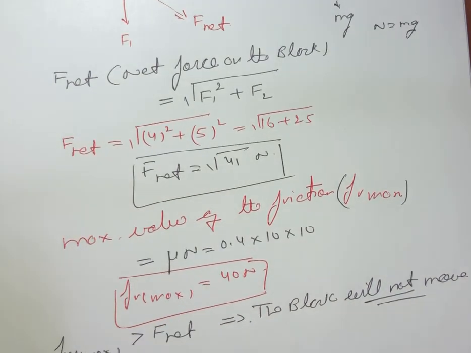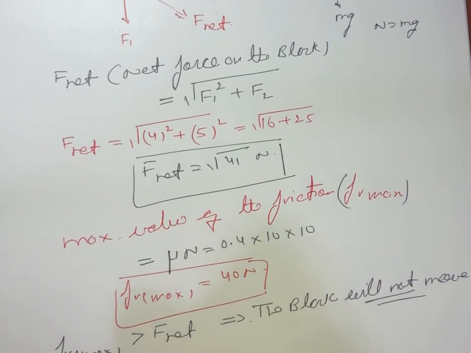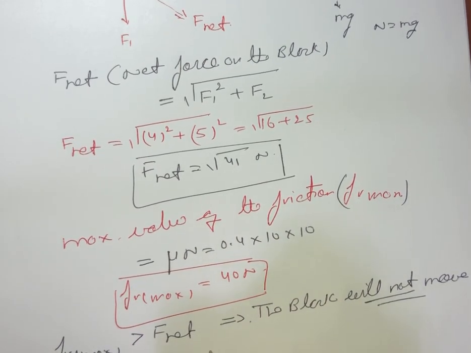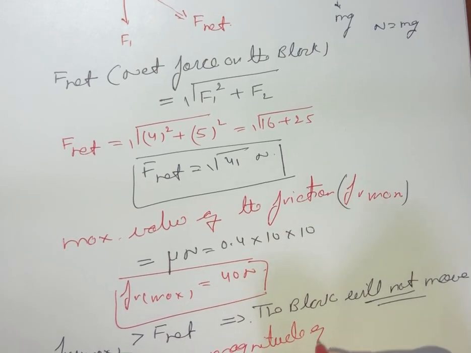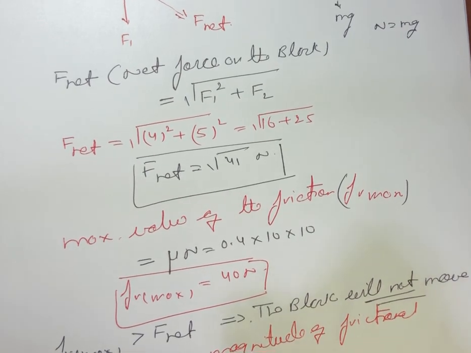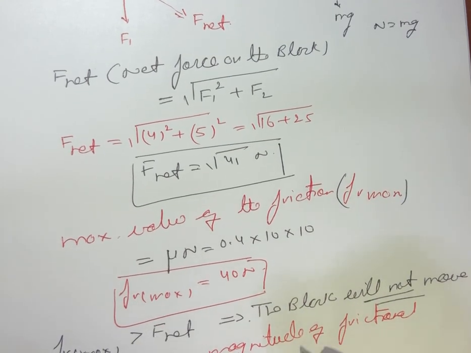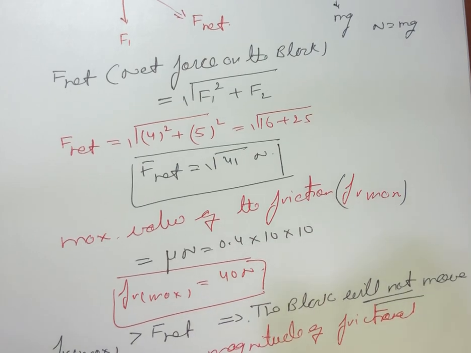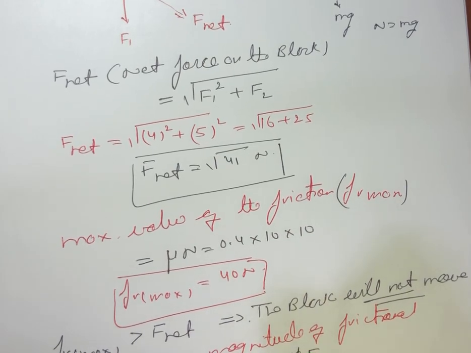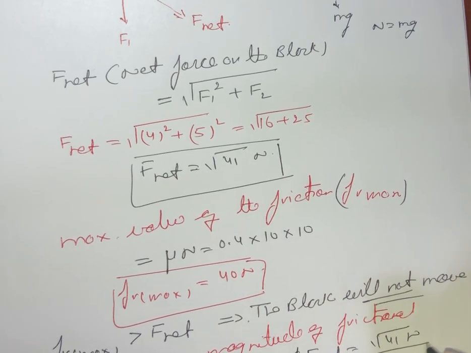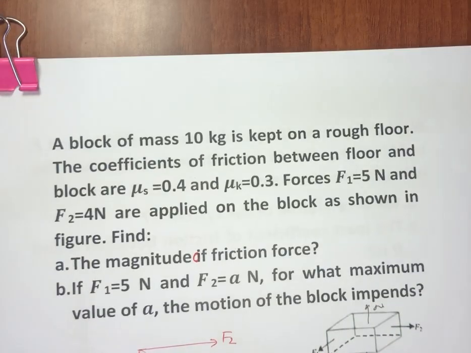Therefore, the magnitude of frictional force will be equal to F net. Fr will be equal to F net, and that is equal to square root of 41 Newton. This is our first part.